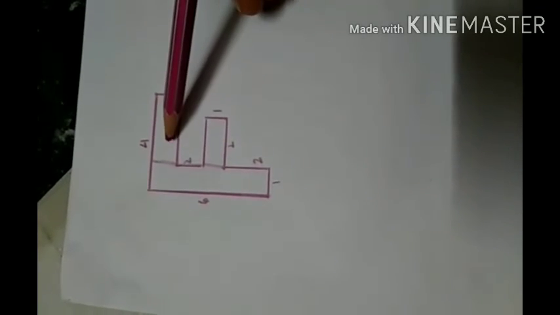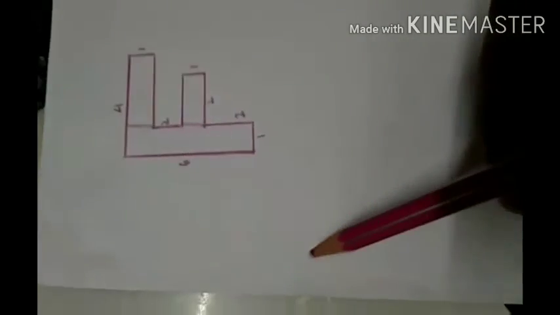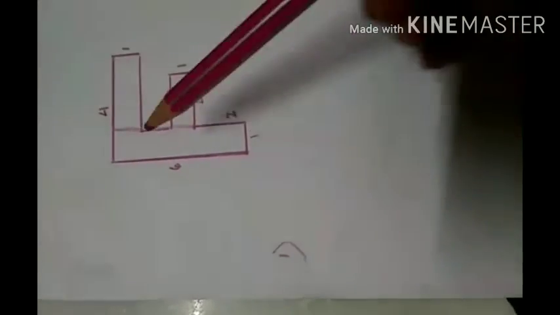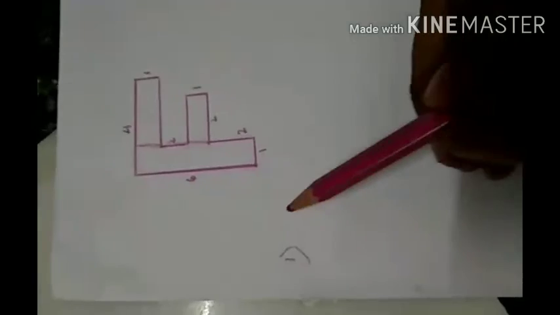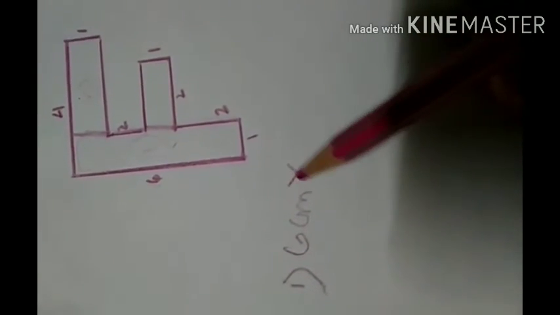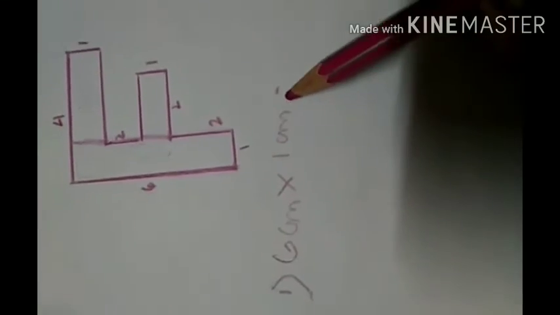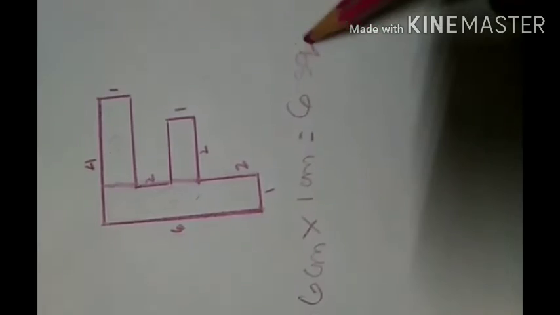This is 1, this is 2 and this is 3. So number 1, this rectangle, length is 6, breadth is 1. The area will be 6 centimeter into 1 centimeter. That is 6 square centimeter.